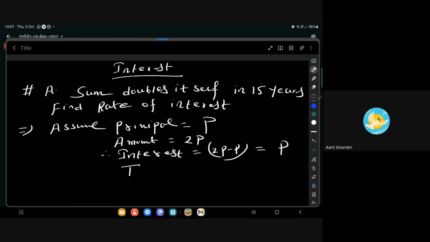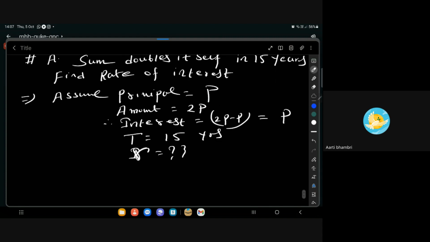Now time is equal to how much? 15 years. And rate of interest you have to find. So you have all the information. You know the formula, I is equal to P into R into T by 100.